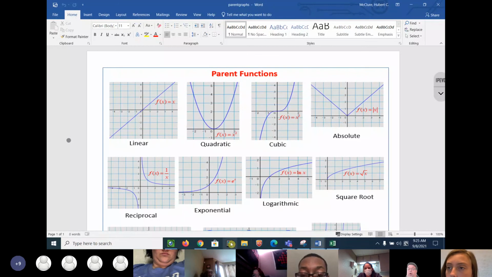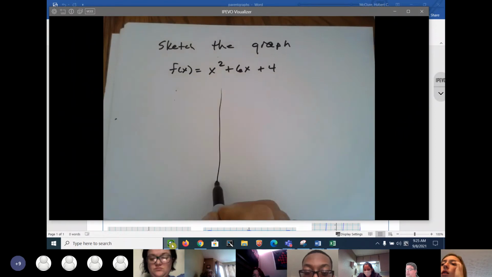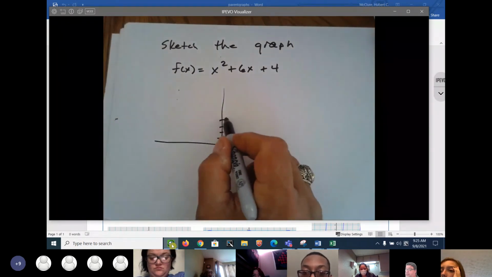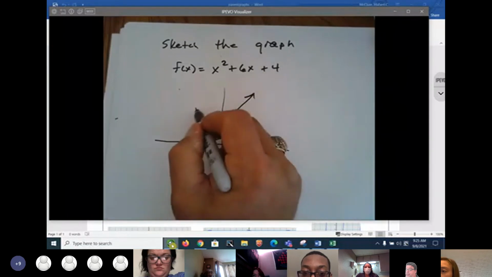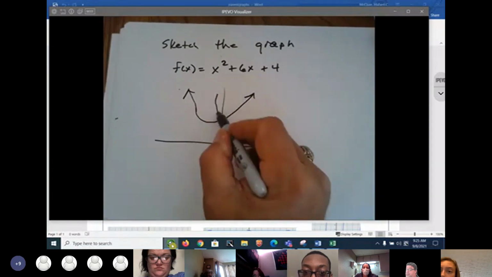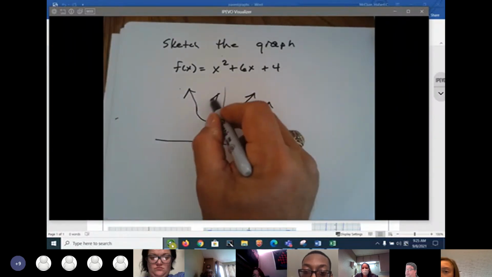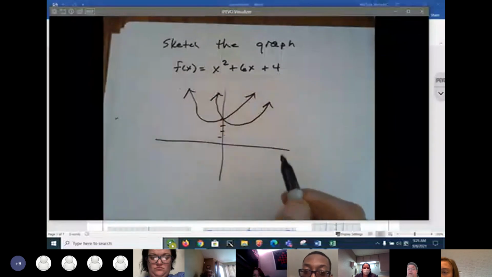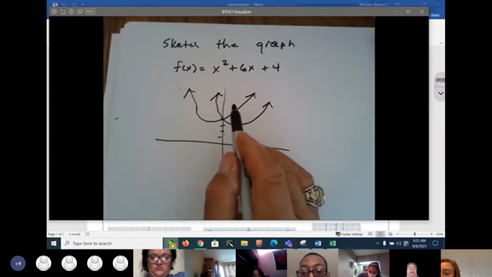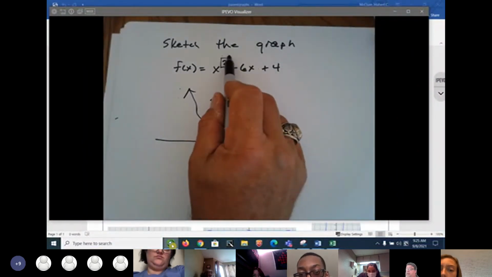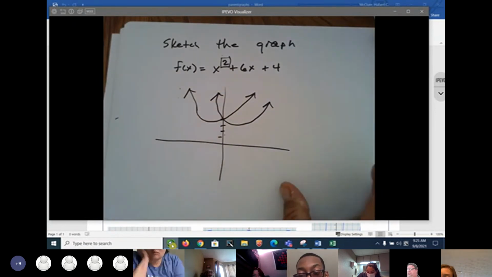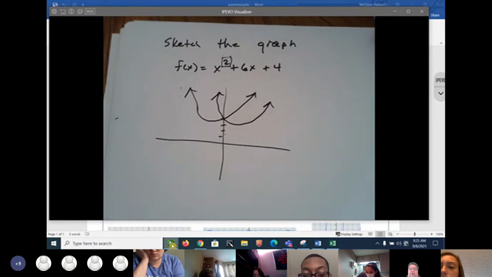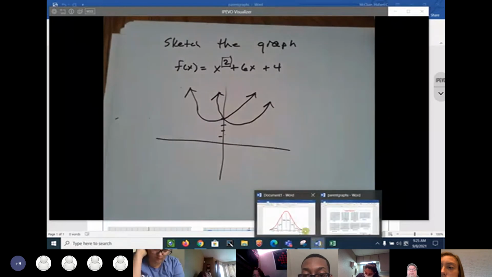So I would sketch this and say, well, the graph might look something like this. Might look something like this. It might look something like this. Or it might be on there like that. In other words, you know it's a parabola because of the square.